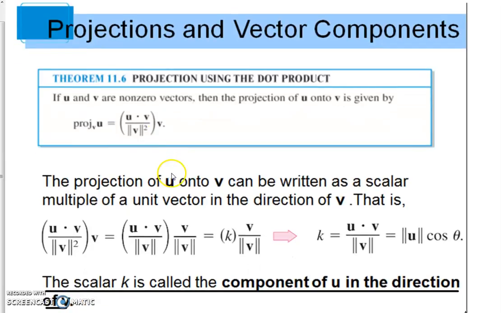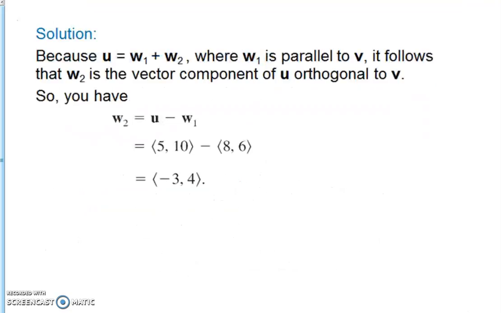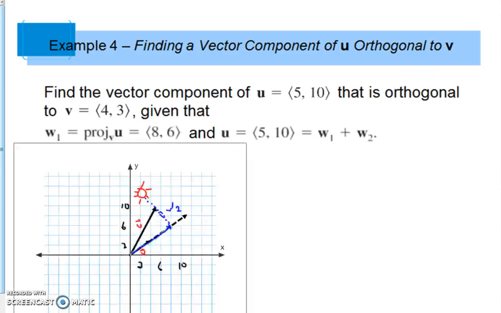So maybe we could take a look at that last problem again. We had the vector 5, 10 being projected onto 4, 3. So let's see that we actually do get 8, 6. Let's just see how that works.